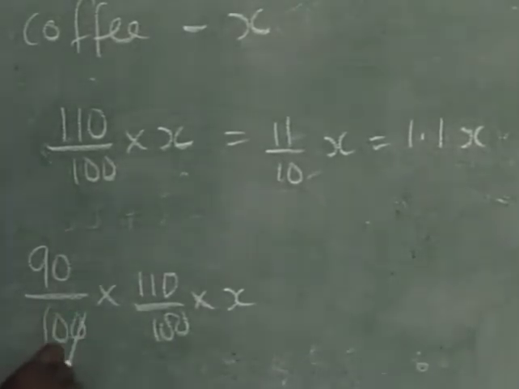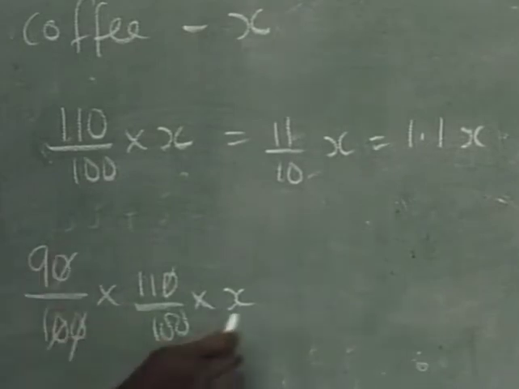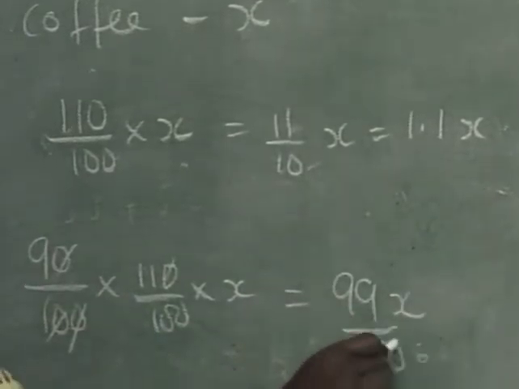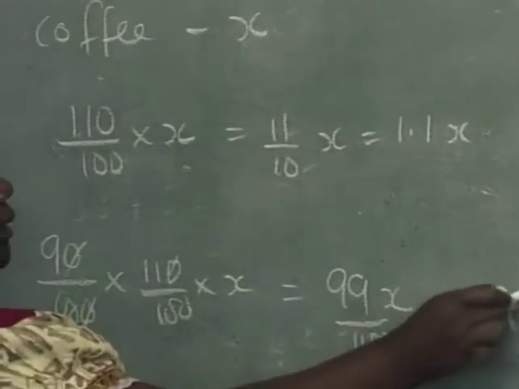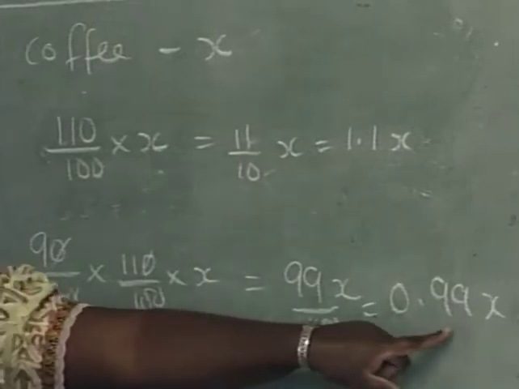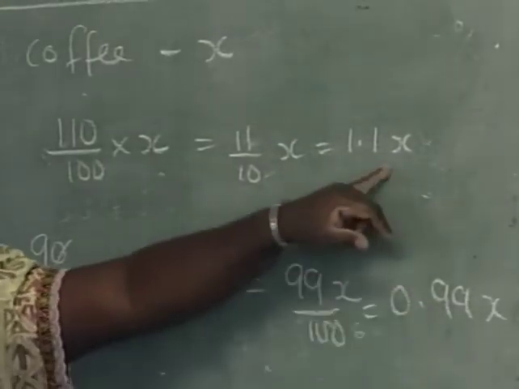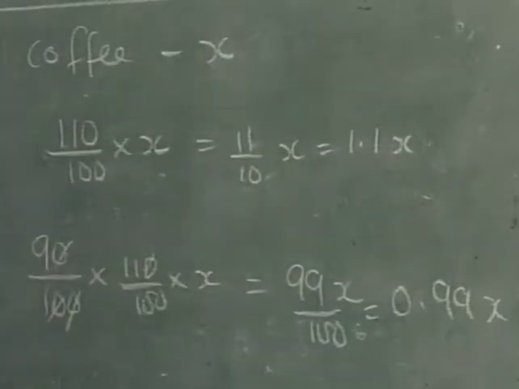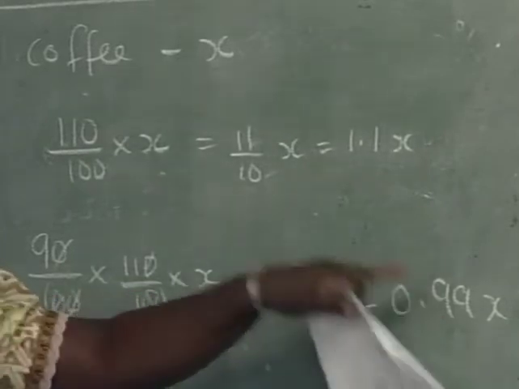So I get 99x over 100, which is 0.99x. So the price in 1984 is now 0.99x. The price in 1983 when it was increased was 1.1x. So it is now less, just by comparing the two numbers here.